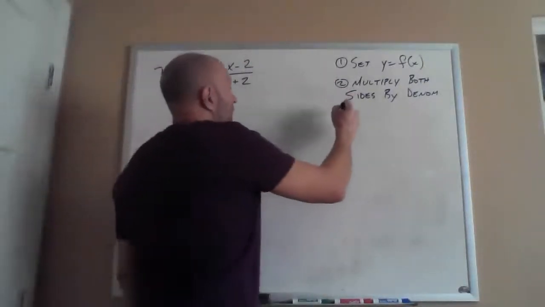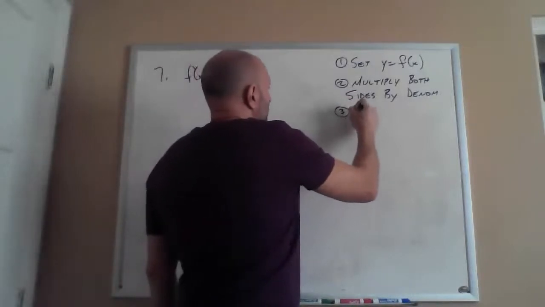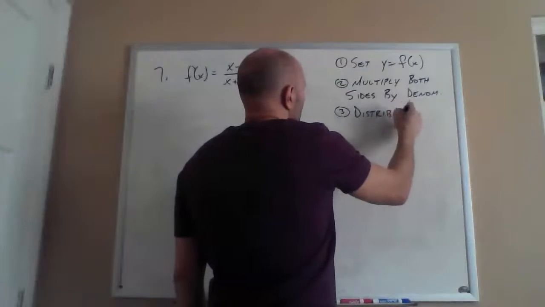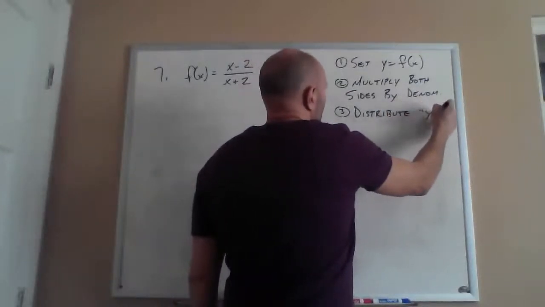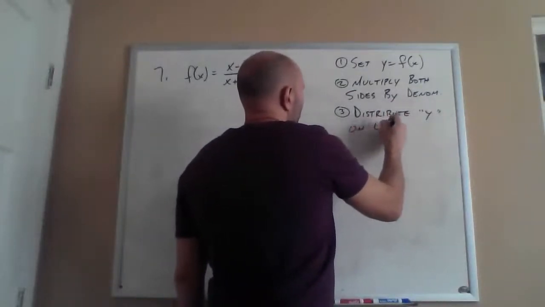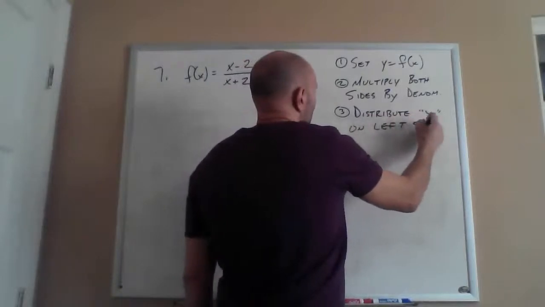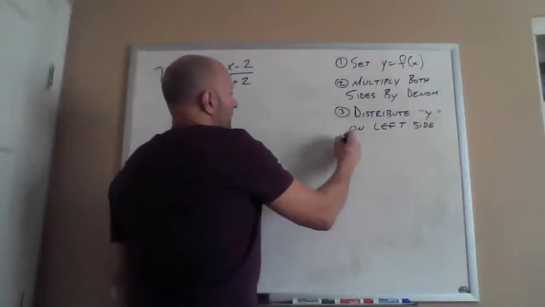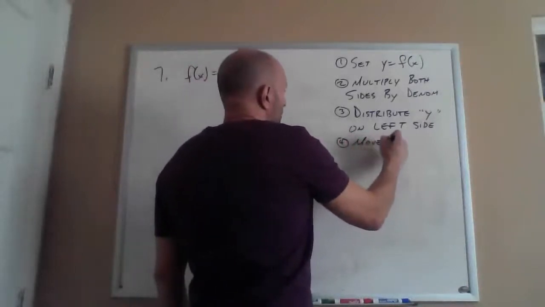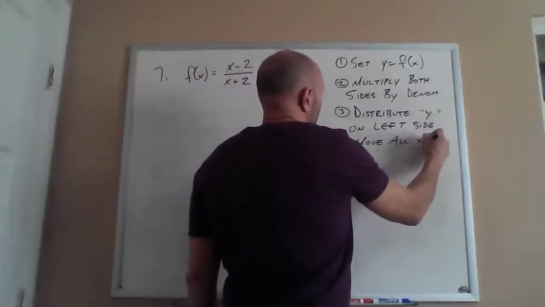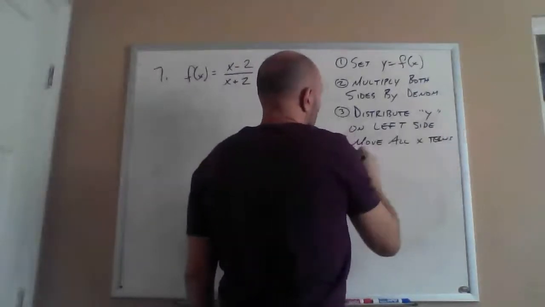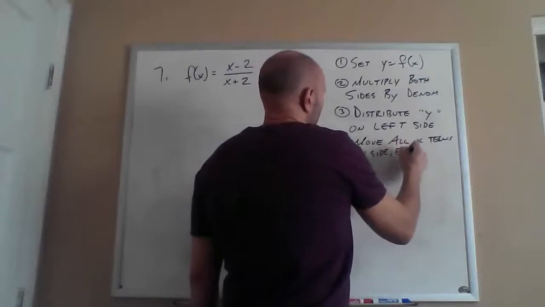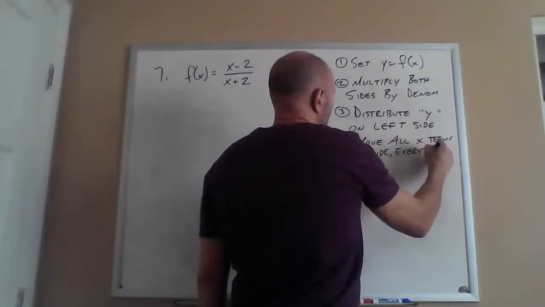After you multiply both sides by the denominator, you're going to distribute the y on the left side. Once you've done that, you're going to move all x terms to one side, everything else to the other.